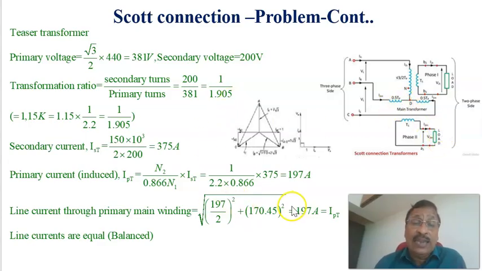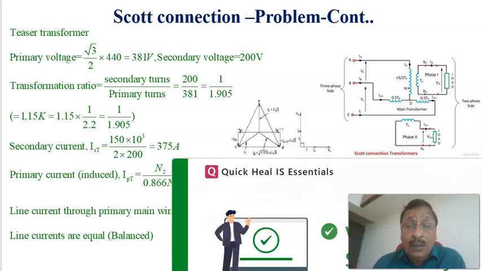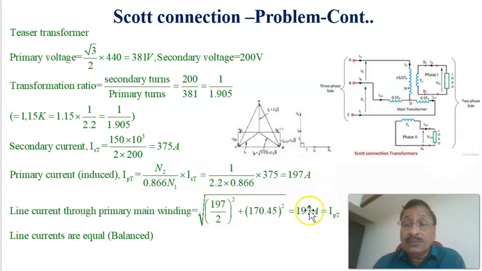Already we calculated it as 170.45, whole square. You will get it equal to 197 ampere, same as the teaser transformer current. Or the line currents are all equal. That means that all are balanced at the input side, with the current equal to 197 amperes.